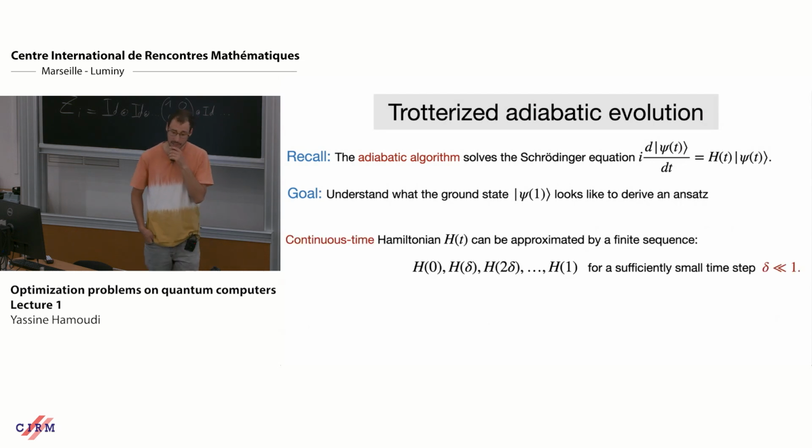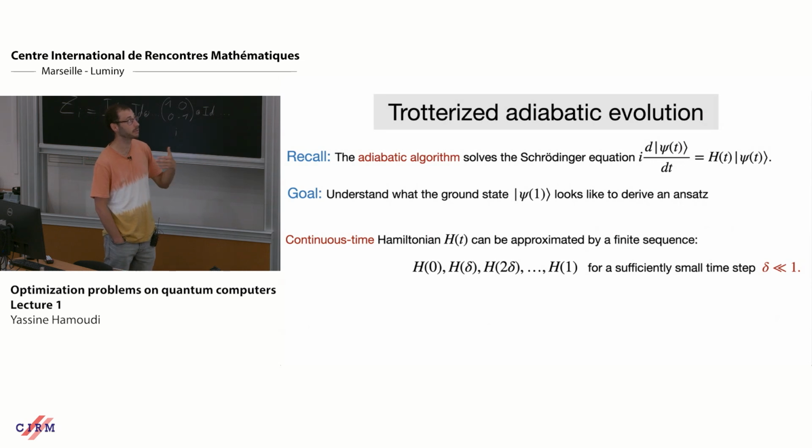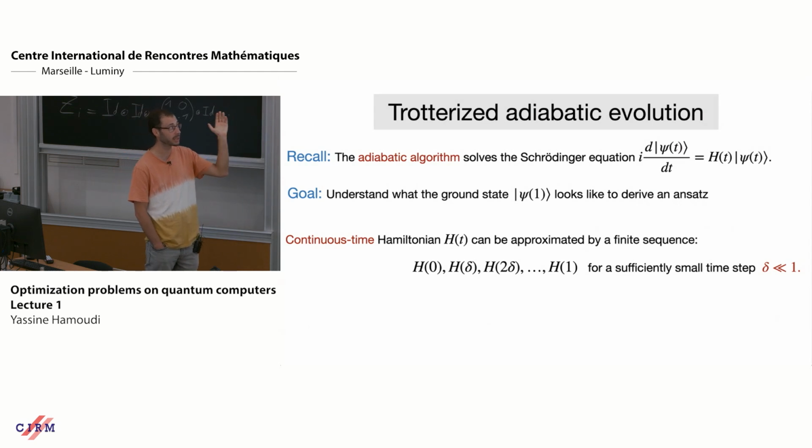So the first idea is to discretize the adiabatic algorithm. This is a standard idea. Instead of a continuous time evolution, we approximate the evolution of H(t) by a sequence of slowly evolving Hamiltonians. This is something we already discussed before. So H_0, then H_delta, etc., for a sufficiently small time step delta.